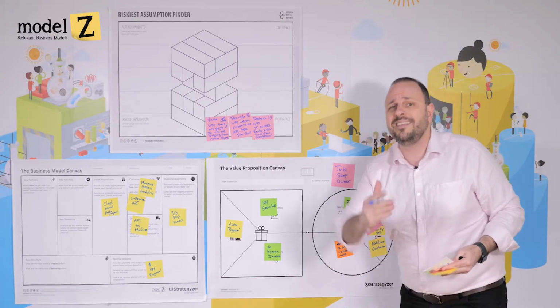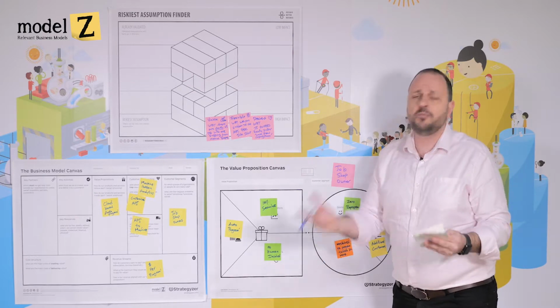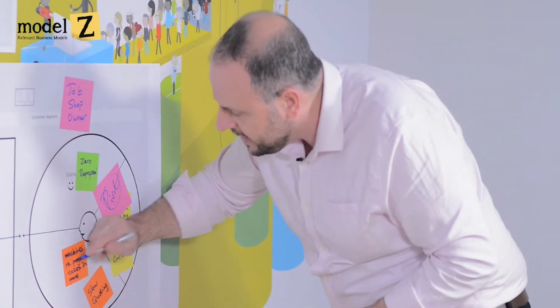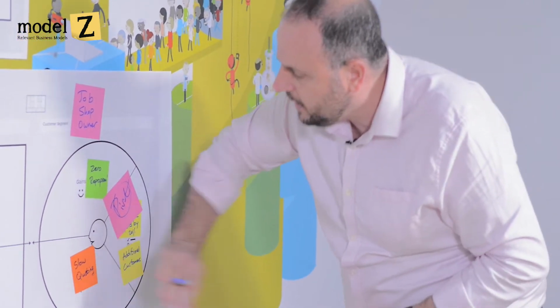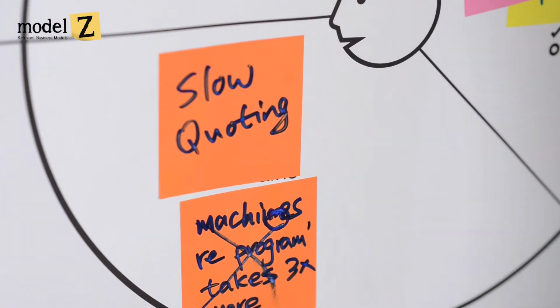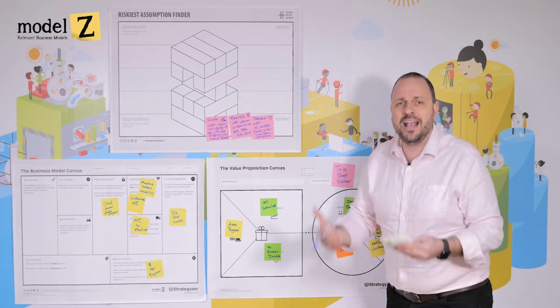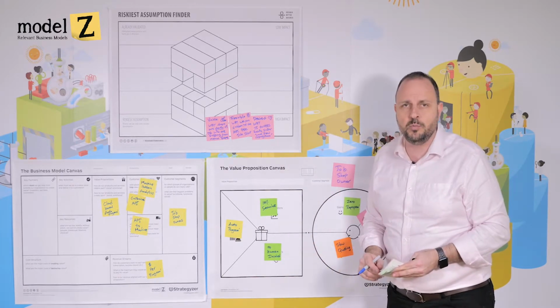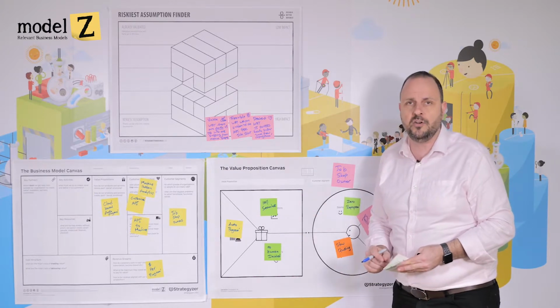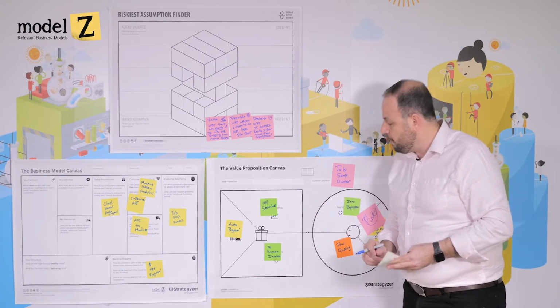So all they want is to add more customers. That's what they care about. And their pain is no longer this, but it's really this. Slow quoting. So their quoting is slower and slows their pace in actually acquiring more customers in comparison with their competitors or other platforms that compete with them.